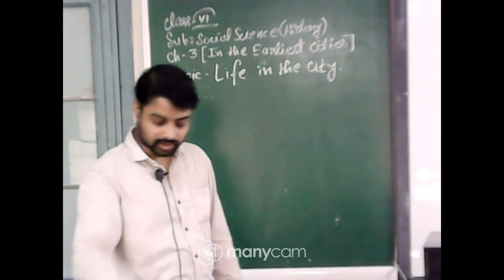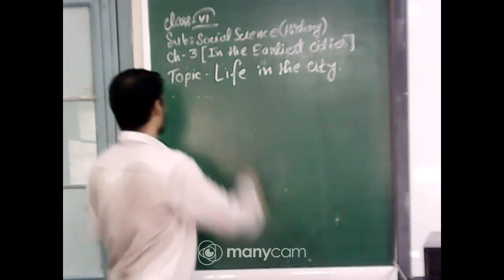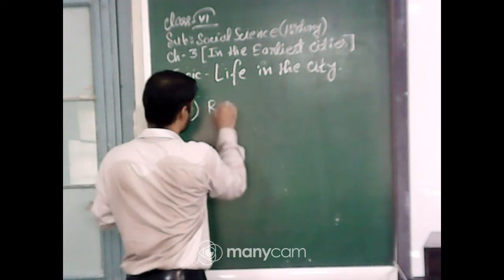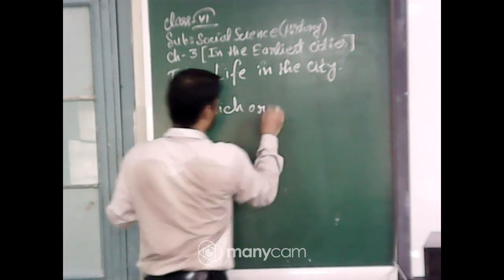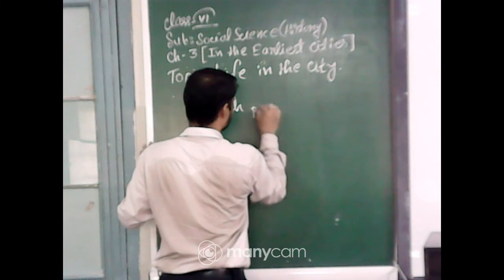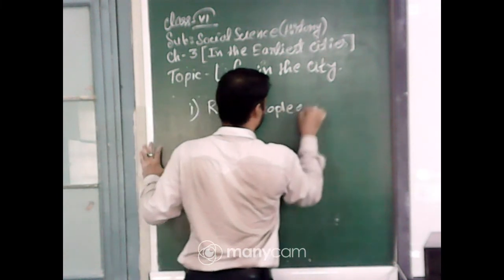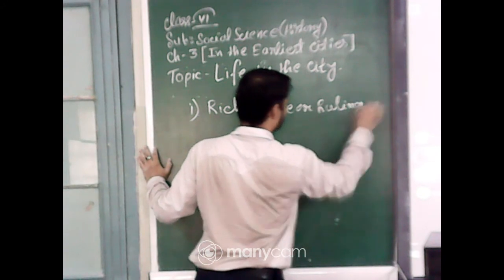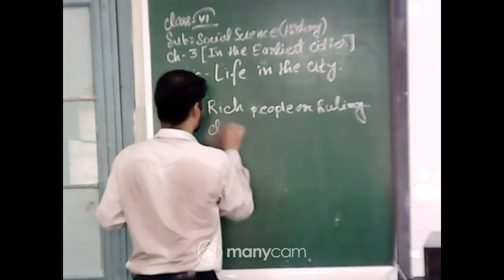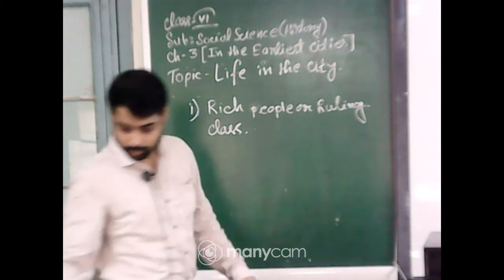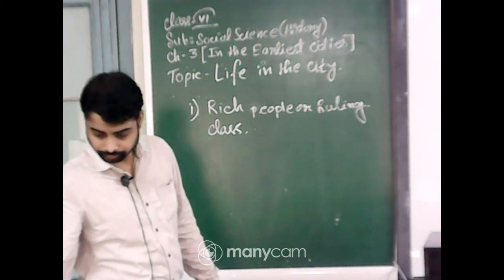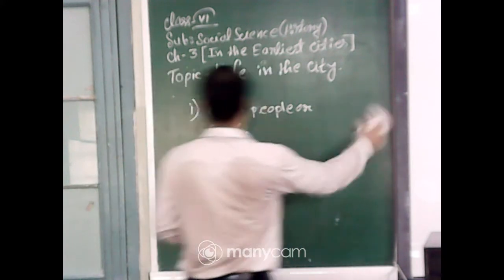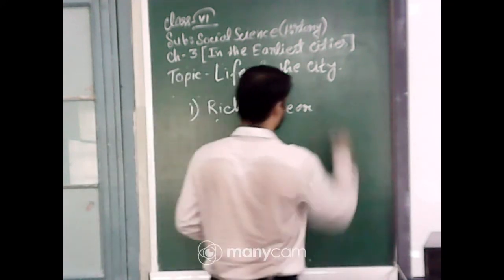So there were scribes also. There is another type of people. So how many types of people? Number one, the ruling class, the rich people, or rulers.